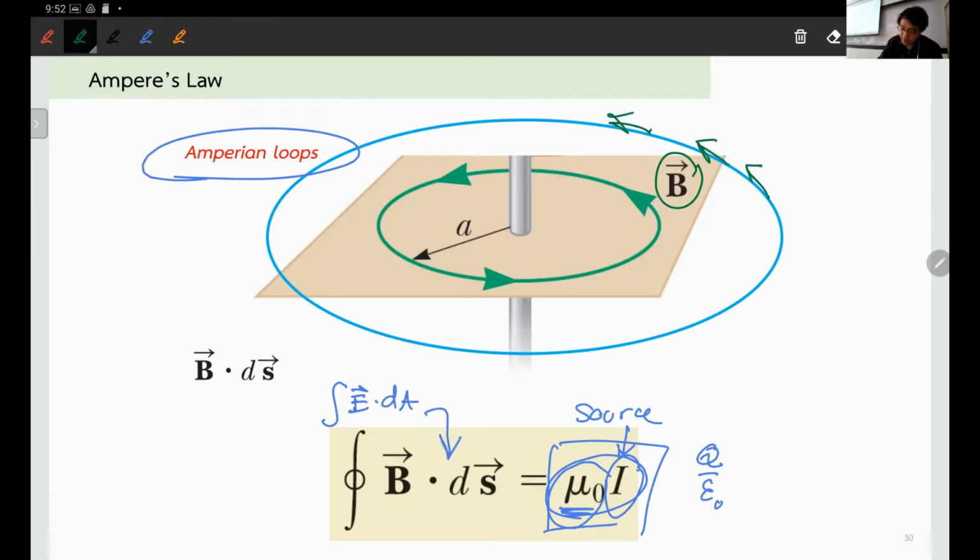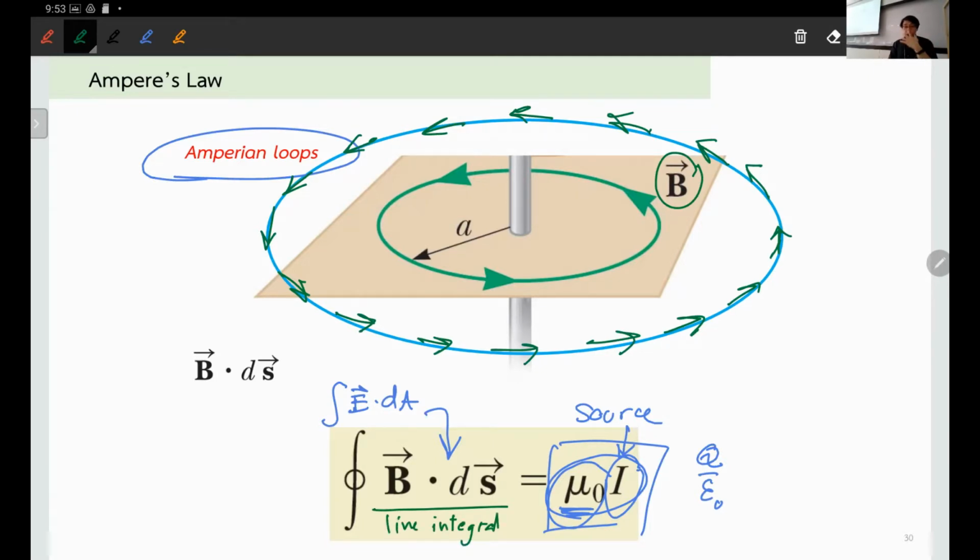You want to say, hey, I'm going to follow this loop, and I want to know how much of that magnetic field component is riding along the loop with me. This is the key of Ampere's law. Sounds good? All right. This process of calculating the component of the magnetic field along the loop, we call a line integral.